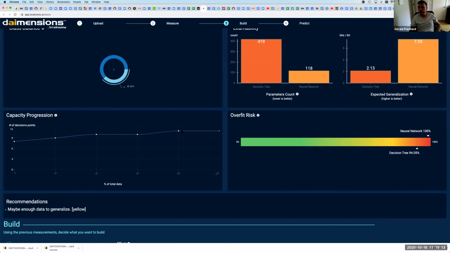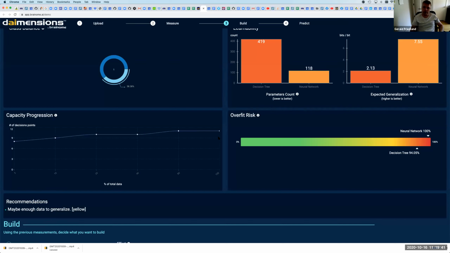Would things improve if we added more data? So we take 5%, 10%, 20%, 40%, 80%, and 100% of the training data, and this fictitious optimal machine learner takes 8, 9, 10, 10, 11, 11 neurons or cuts, basically, to model the data.